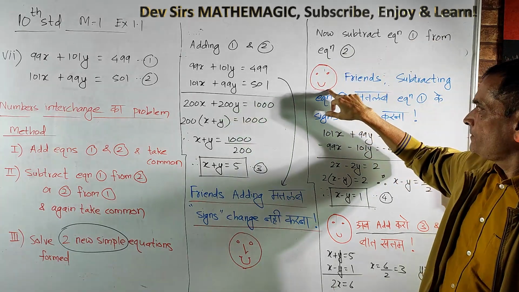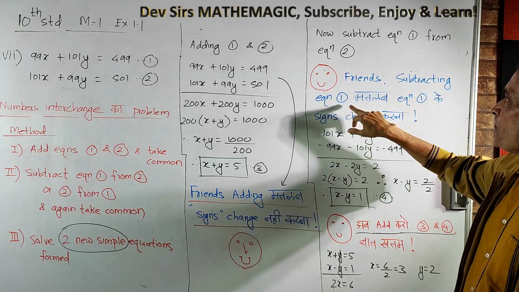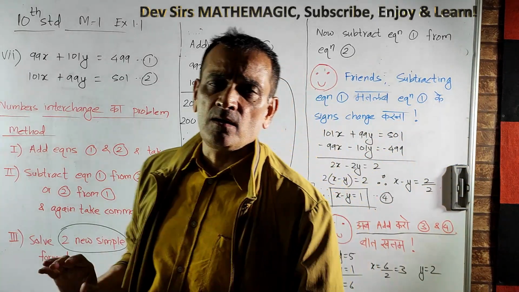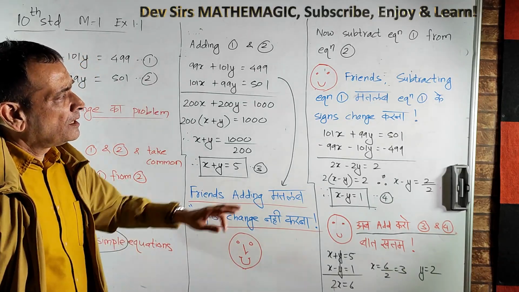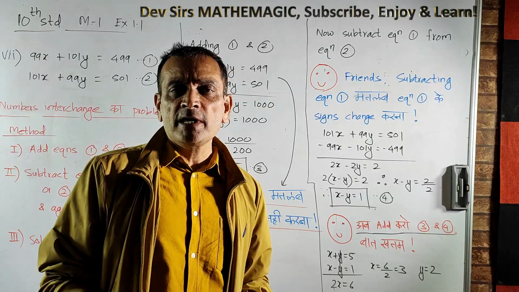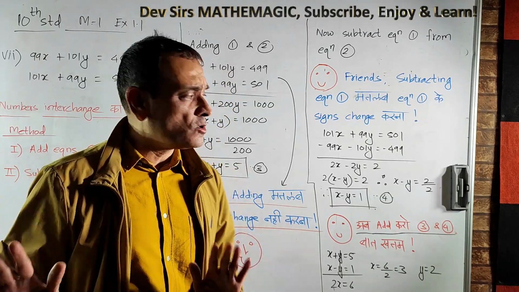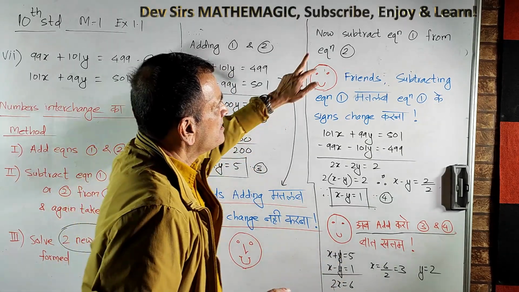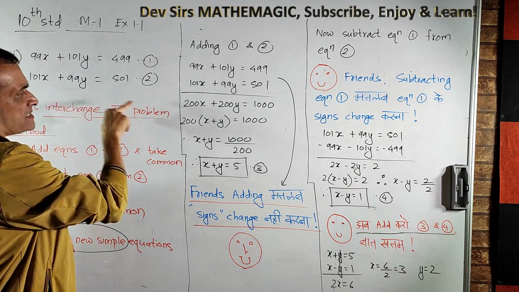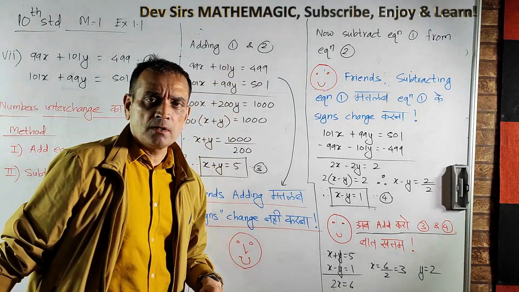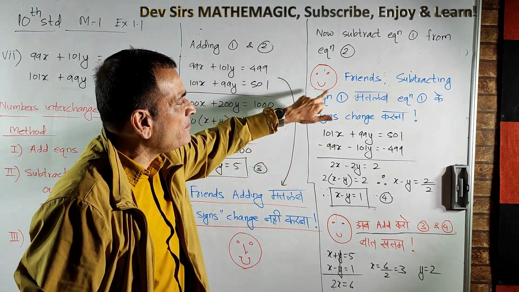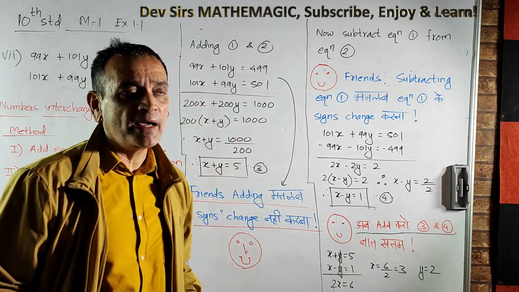The smiley has come again. Friends, subtracting equation 1 means you have to change the signs of equation 1. Change the signs of equation 1 because you are subtracting equation 1. Don't do anything to the signs of equation 2. So I will write equation 2 first: 101x plus 99y equal to 501. To subtract equation 1, change the signs of equation 1.